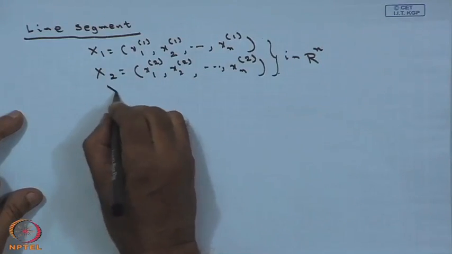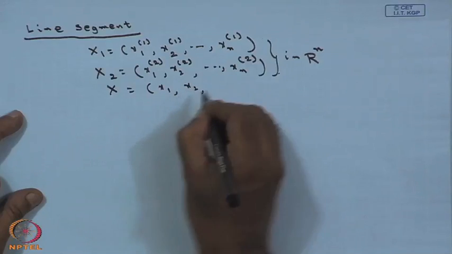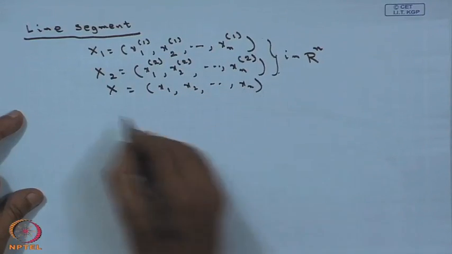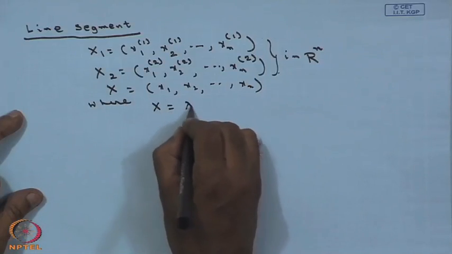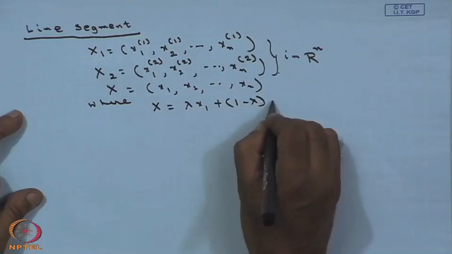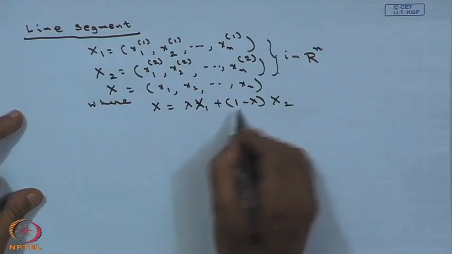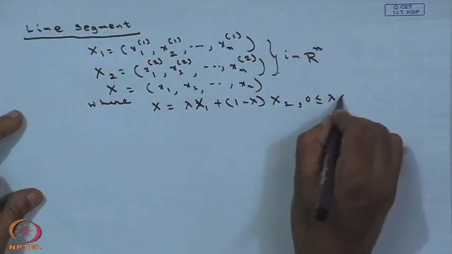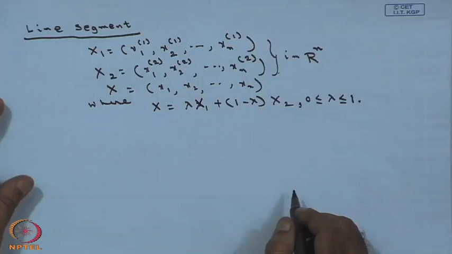So, the line segment of these two points x1 and x2 in R^n is the collection of points x, which we can define as x = (x1, x2, ..., xn), where x equals lambda x1 plus (1 minus lambda) x2, with 0 less than or equal to lambda less than or equal to 1.